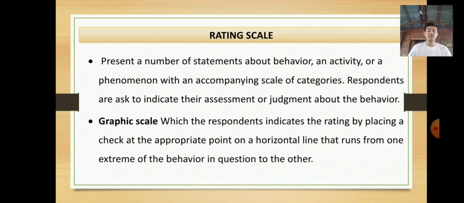So you scale it by assigning numeric values to descriptive points. For example, personal appearance: low, medium, high. You rate whether it is low, medium, or high. Social acceptability: low, medium, high.